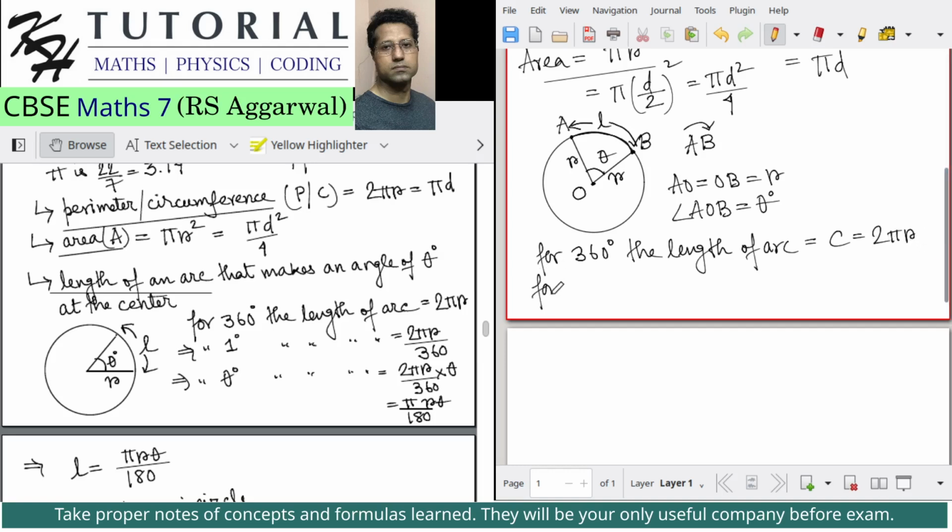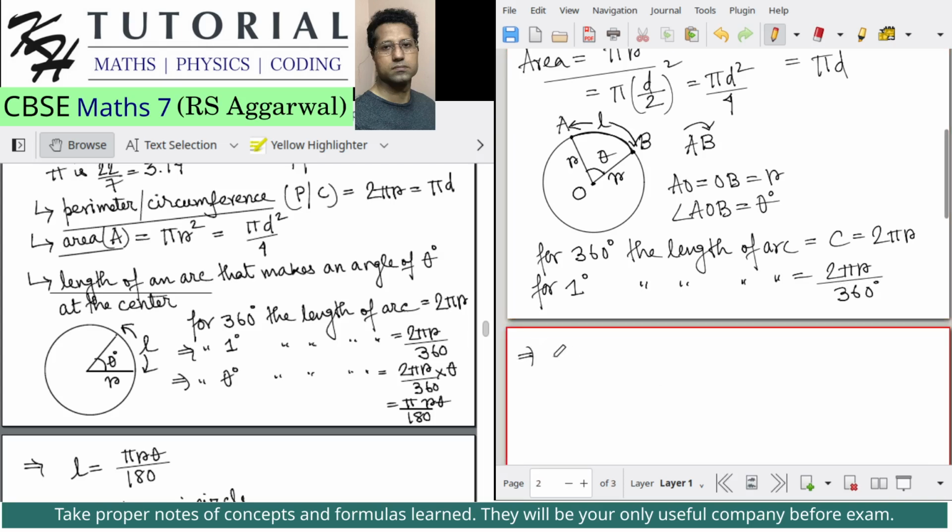So now for 1 degree, I am applying the concept of the unitary method. For 1 degree, the length of arc will be equal to 2 pi r divided by 360 degree.